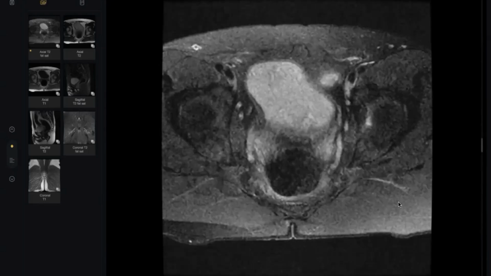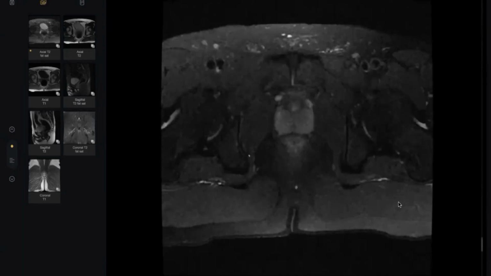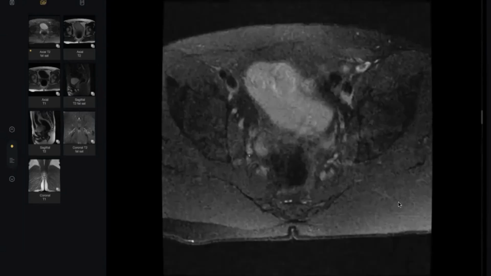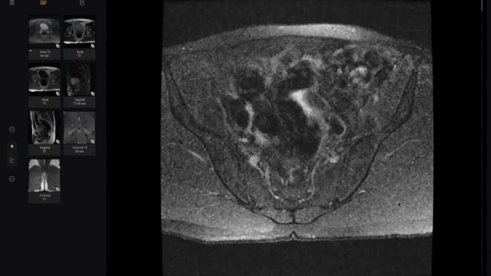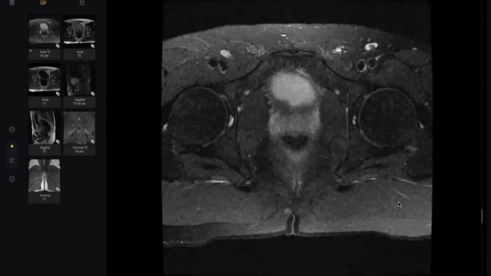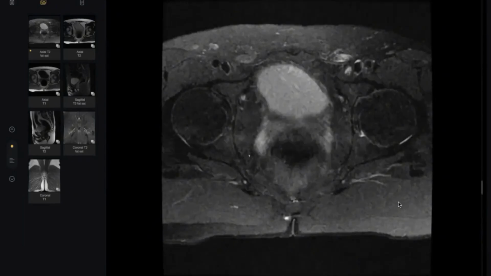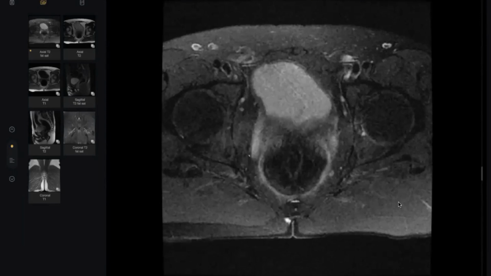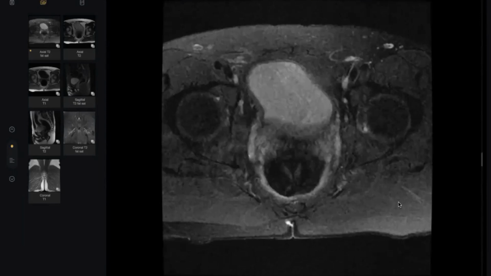No, no, no. Look, thick and wide. Look at the natal cleft. Sir, there is a high signal noted at the natal cleft.